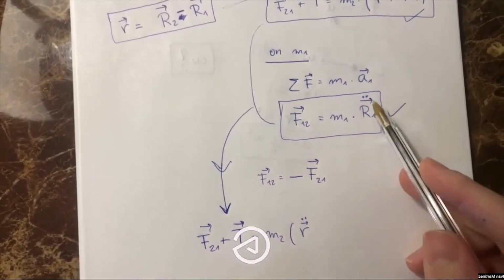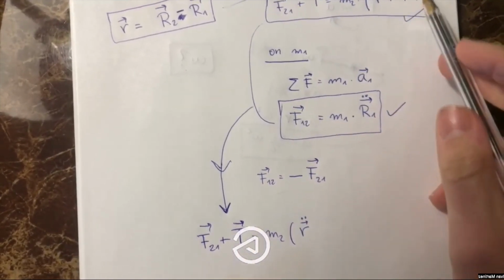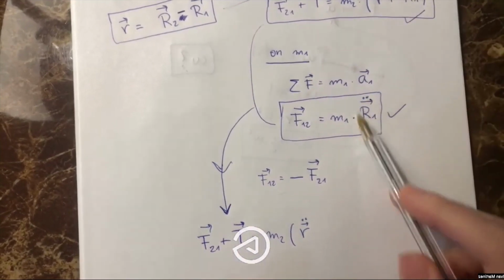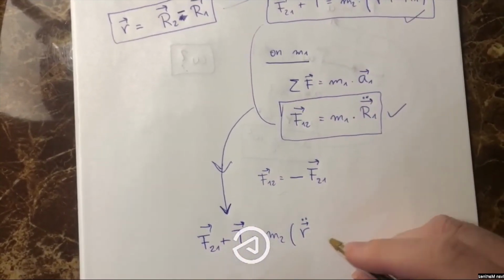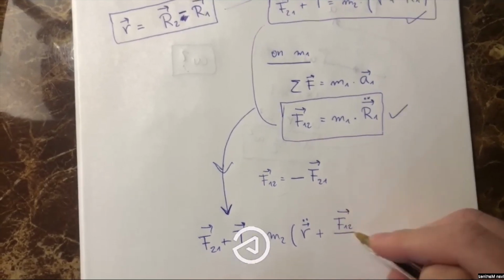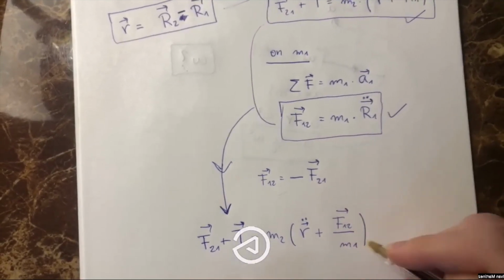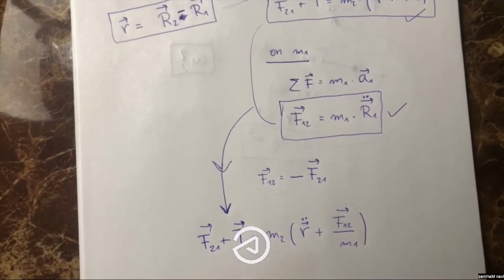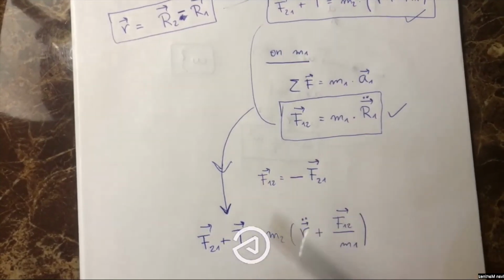And here I'm using this equation, I'm going to substitute R1 double dot from here. So that is F12 divided by M1, right? I can apply this.